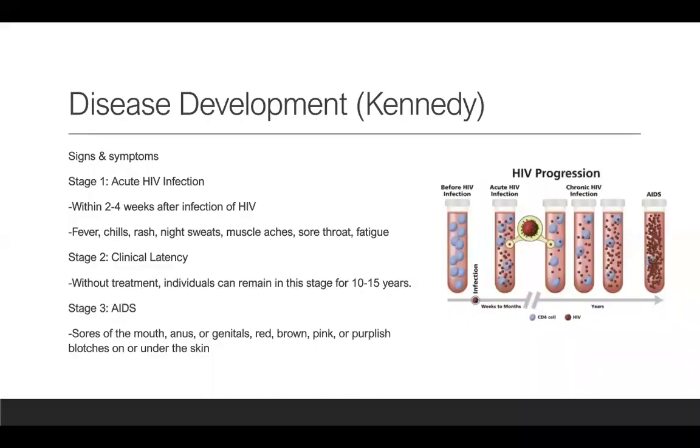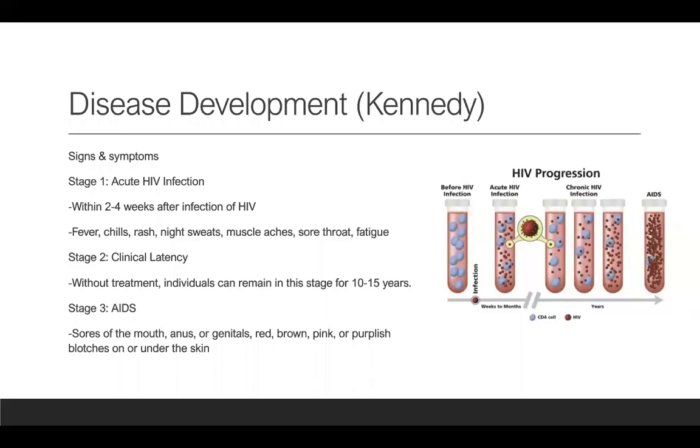The disease development consists of 3 stages of HIV and several symptoms that are associated with the disease. The severity and variety depends on each individual person and what stage of the disease they are in. Stage 1 is an acute HIV infection. Within 2 to 4 weeks after being infected with HIV, about 2/3 of people will experience a flu-like illness.